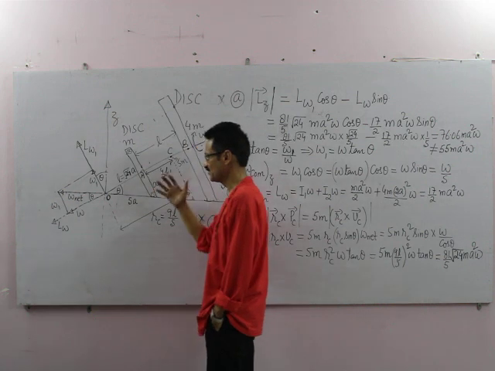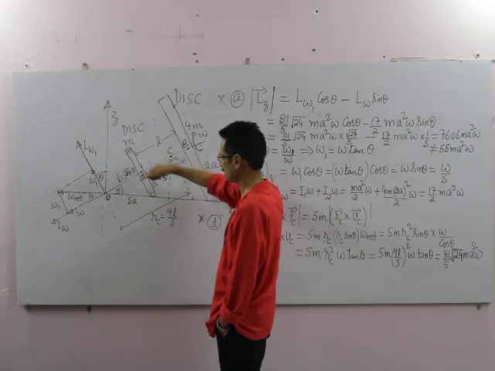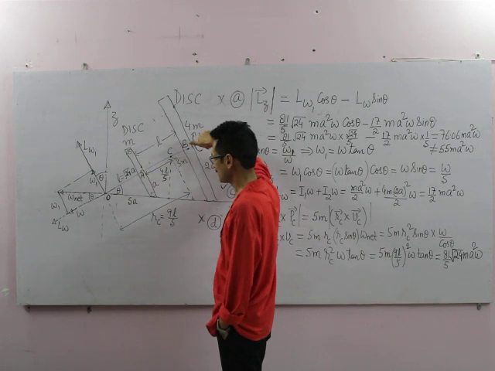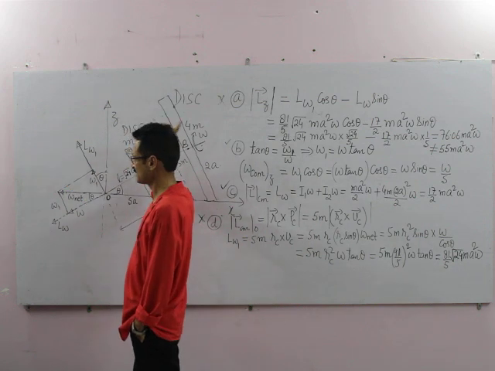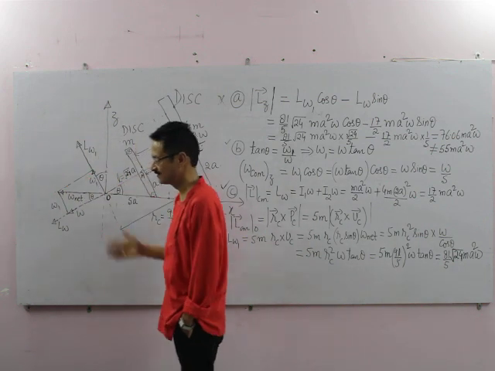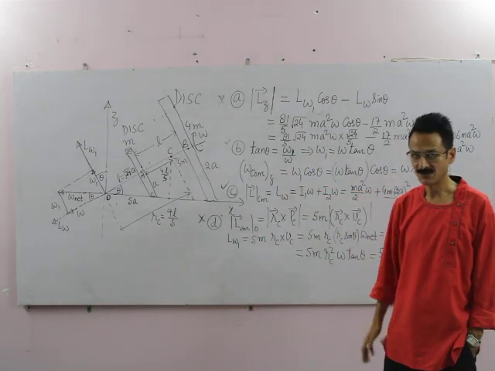Now, because the motion is slightly complicated, the system is rotating about this axis with angular velocity omega, as well as about the z axis like this. So for the sake of simplicity, the motion has been split into two pieces.